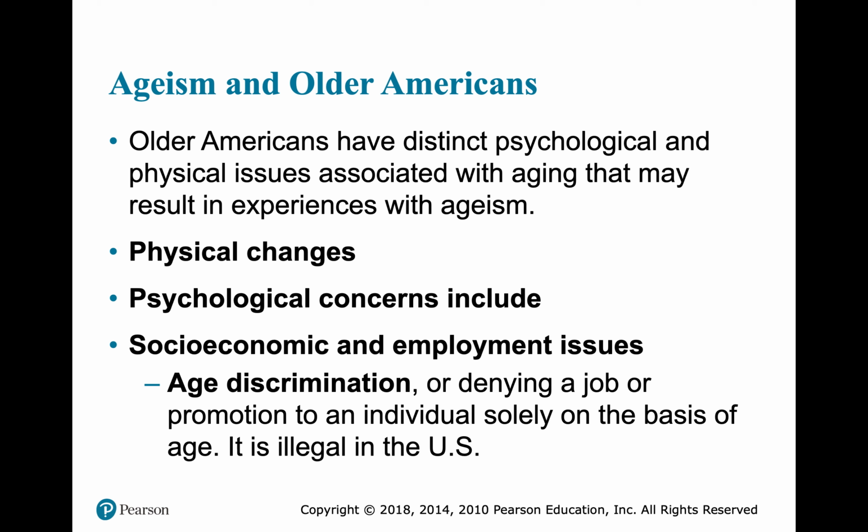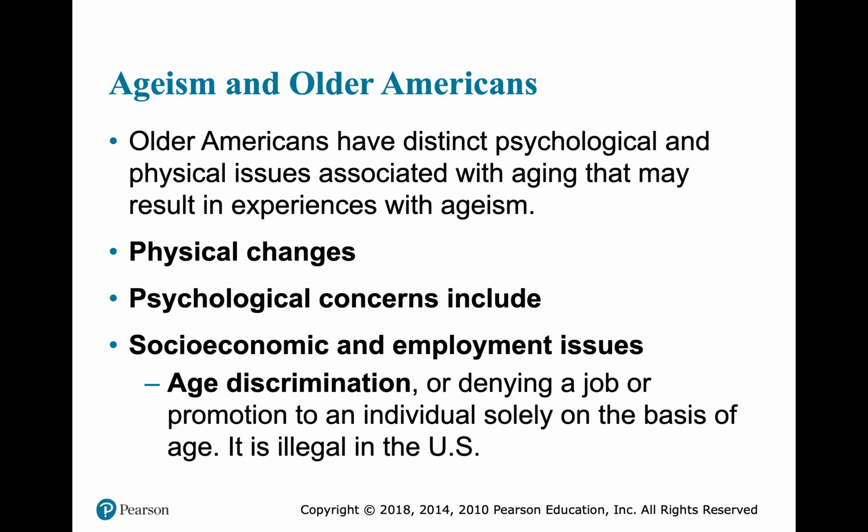We also see age-related medical or health conditions, so this could be cancer, cardiovascular disease, arthritis, osteoporosis, and we see that in particular, especially with women. And 88% of people over the age of 65 have at least one chronic health condition. So all things to keep in mind.